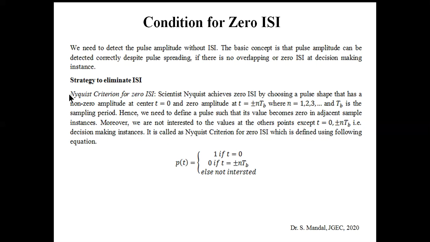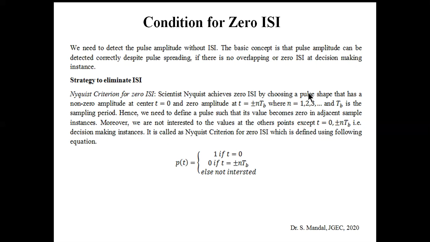Now, the scientist Nyquist proposed a condition for 0 ISI. To eliminate ISI, Nyquist proposed a solution known as the Nyquist criterion for 0 ISI. Nyquist achieved 0 ISI by choosing a pulse shape.